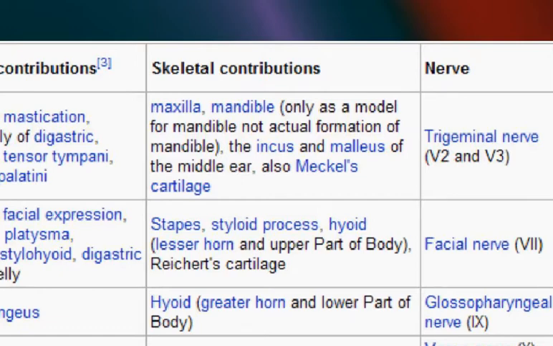Also, the skeletal contributions of the first pharyngeal arch include the incus and malleus of the middle ear. The incus is derived from the maxillary process, and the malleus is derived from the mandibular process.